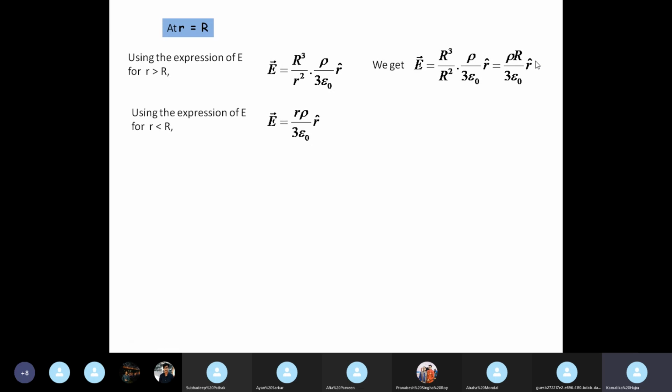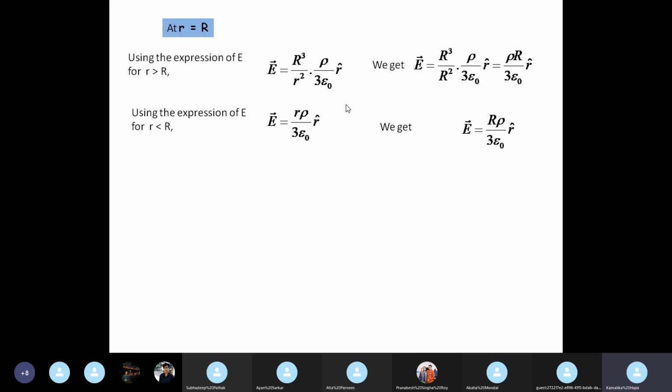On the other hand, if you use the expression of E for r less than R, you start from a point which is less than R and then slowly increase small r until it is equal to capital R. In the expression r rho by 3 epsilon naught, if you put small r equal to capital R, you again get E equal to R rho by 3 epsilon naught r cap.